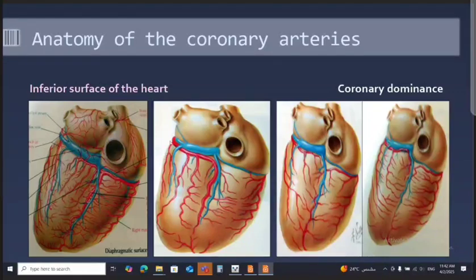While in about 8% of cases, the left coronary artery is the dominant artery. The left circumflex continues at the inferior surface of the heart, supplying the posterolateral branches that will supply the inferior surface of the left ventricle, and ends by giving the posterior descending artery, which will run at the interventricular groove at the inferior surface of the heart to supply the caudal part of the interventricular septum.